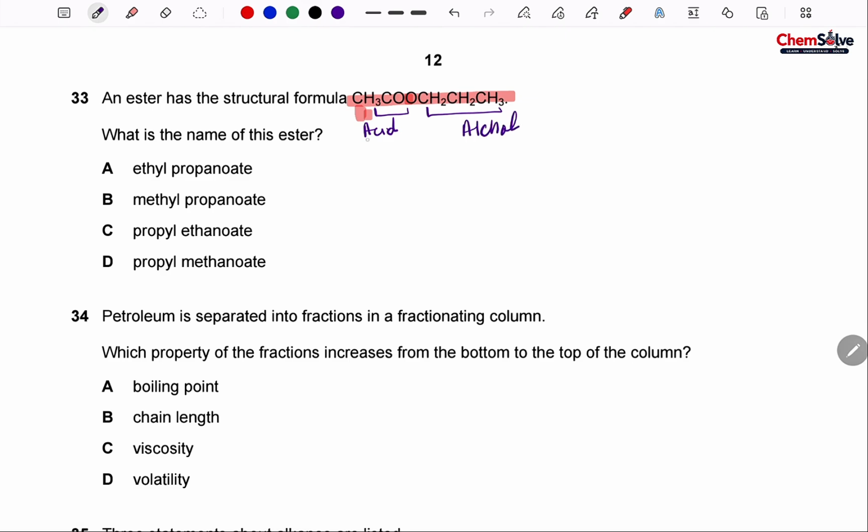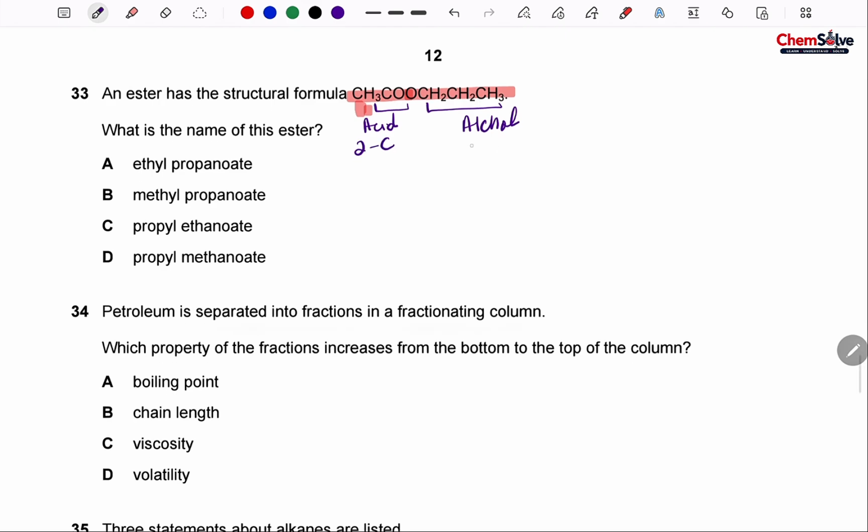So here we have a 2 carbon acid and we have a 3 carbon alcohol. All right, and while naming it, the alcoholic part comes before the acidic part.